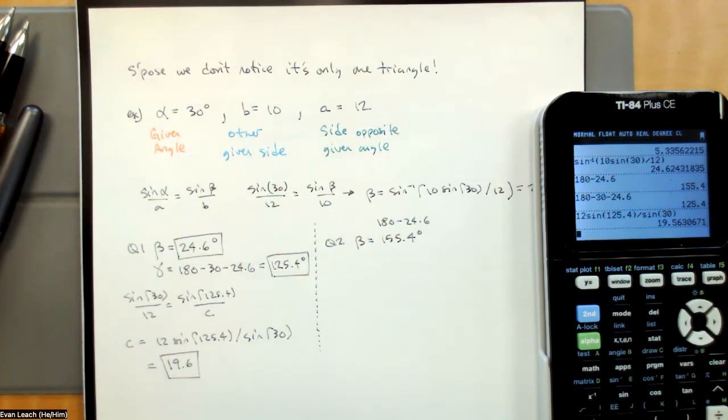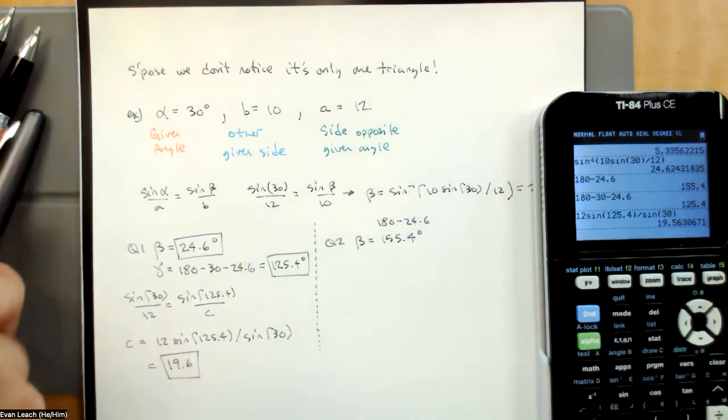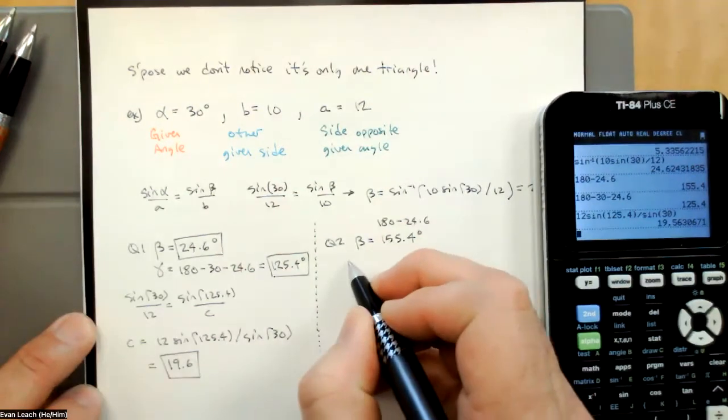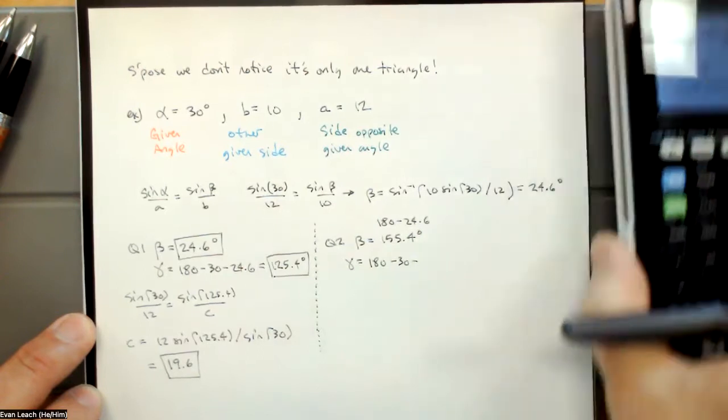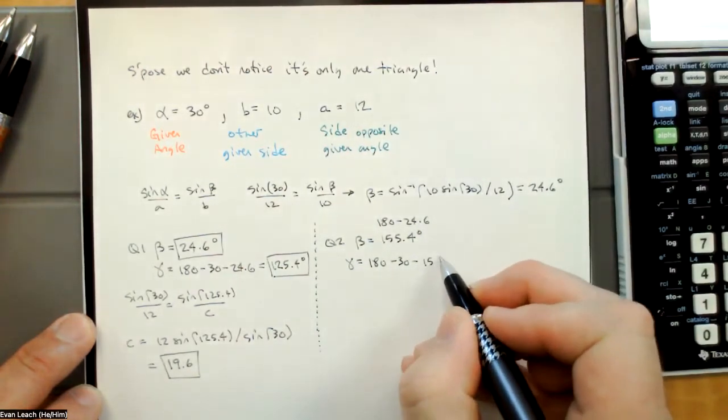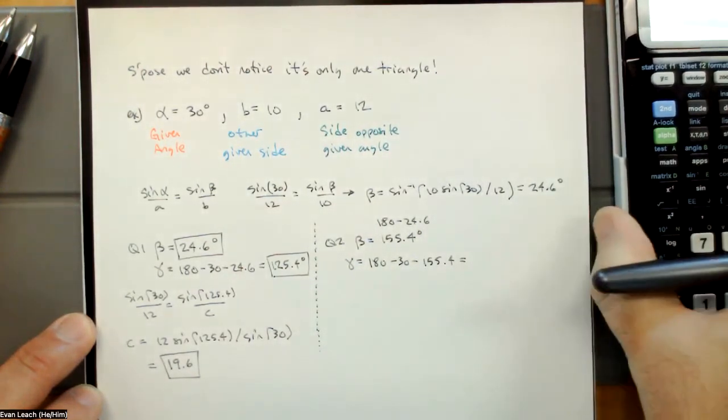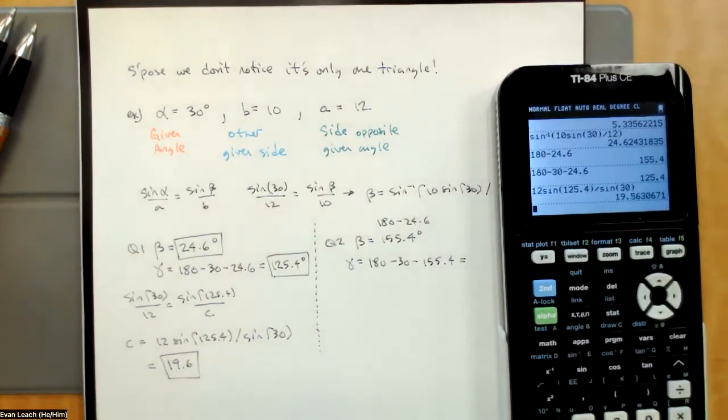Now we go over onto the other side and say, now I've got to deal with this other beta of 155.4. The first thing we should do, since we have two angles, is subtract to find the third angle. So our second gamma will be 180 minus 30 minus 155.4. And now we can see how the numbers are going to tell us that this was the one triangle case.